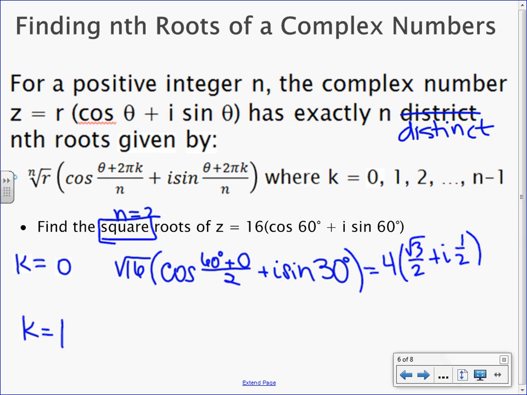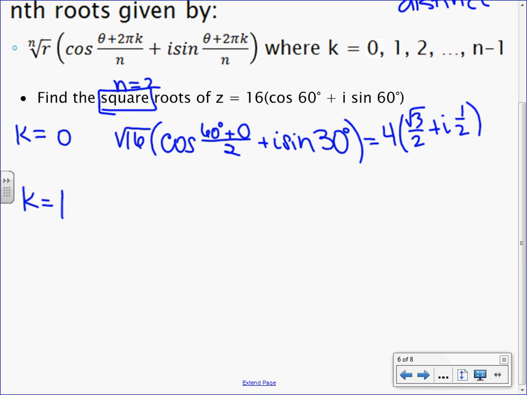So one of our square roots is going to be 2 radical 3 plus 2i. If I square this number, I will get back to z.